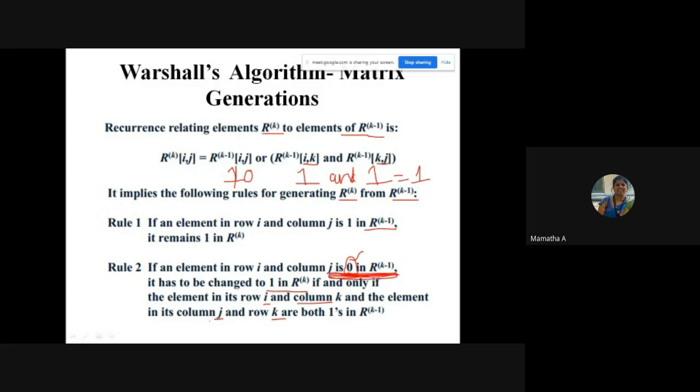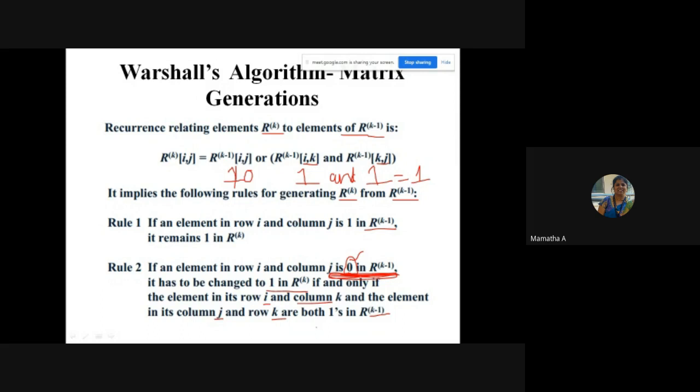That means I to k there is a path, k to j there is a path. So if both are 1 in Rk minus 1, then I can make it 1 in Rk. Otherwise, no. If only one of them is 1, I cannot make it 1. Both should be 1. Hope you are all understanding, students.